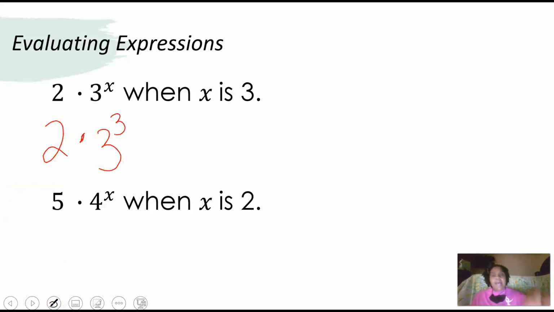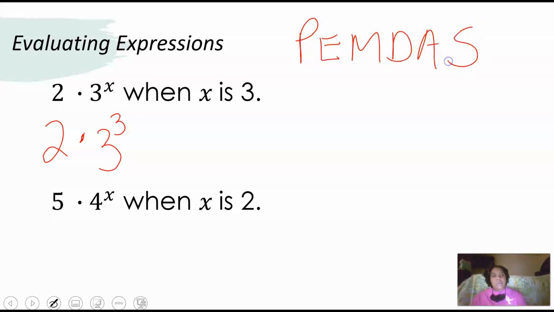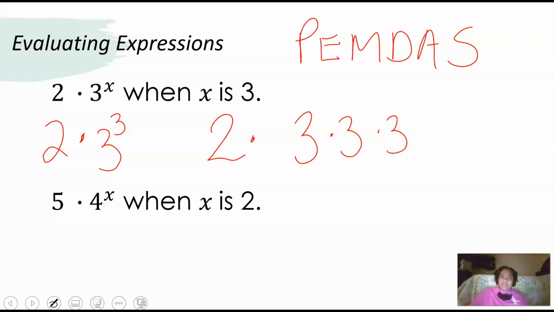PEMDAS, if you recall, tells us to do exponents first. So we're going to do 2 times 3 times 3 times 3. Well, 3 times 3 times 3, there we have 9 times 3, which is 27.